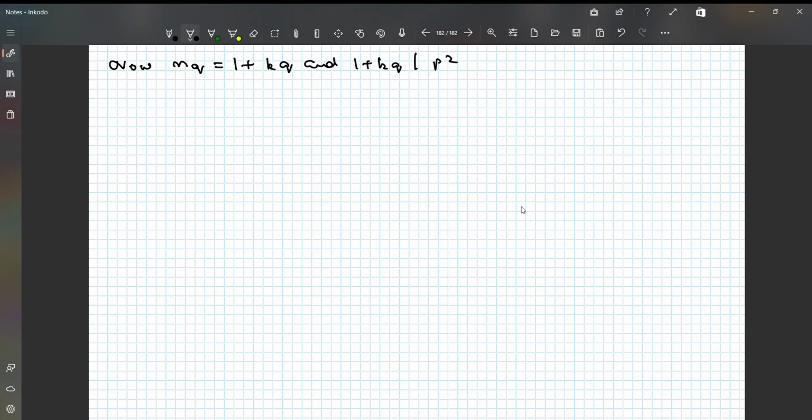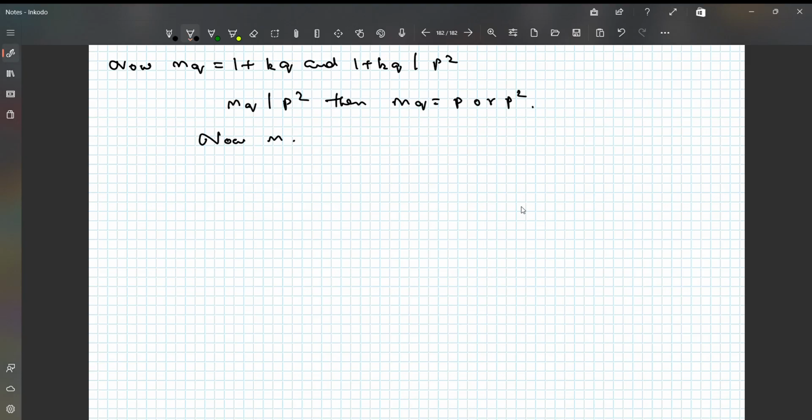Observe that if NQ divides P squared, then NQ must be equal to P or P squared, correct? Because we have assumed that NQ is greater than 1, right?